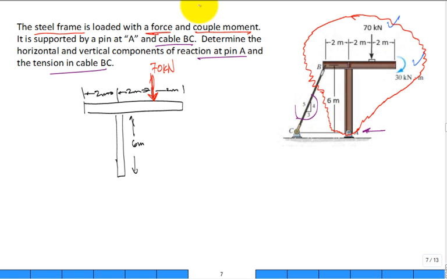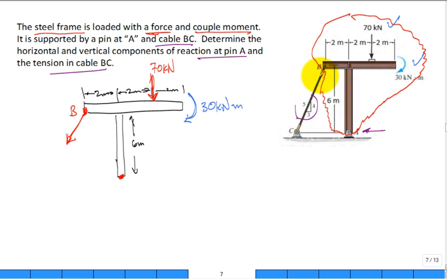And then we have the couple moment, 30 kilonewton meter. And then down here at this point A, I've got a choice, and I have cut through at this point B. So what I do is I replace, because I cut, actually if you wanted to get a little more technical, I'd come right through here and I'd cut like that.